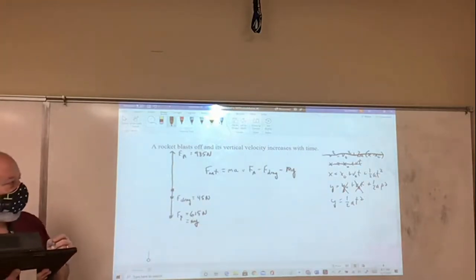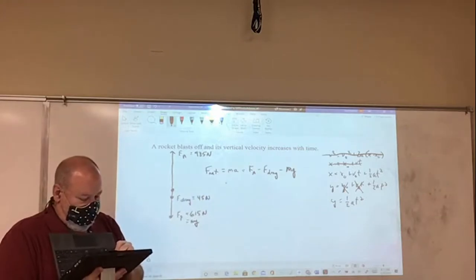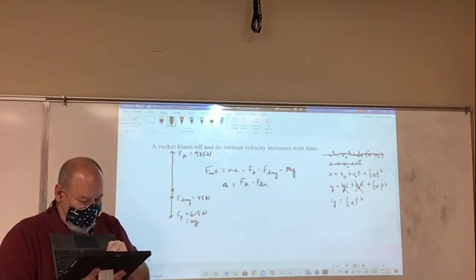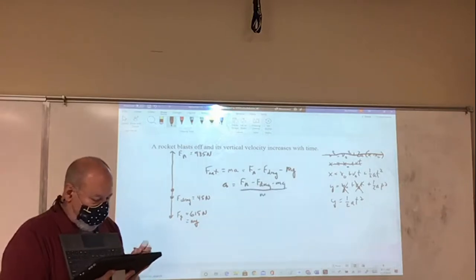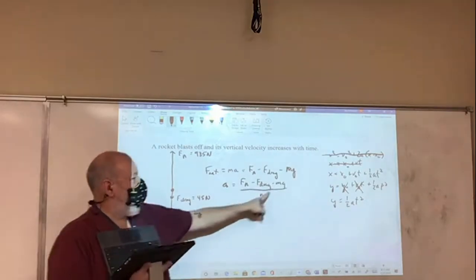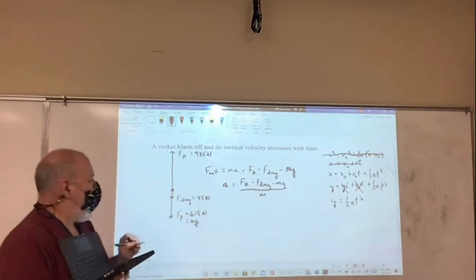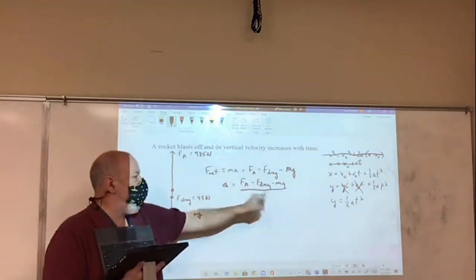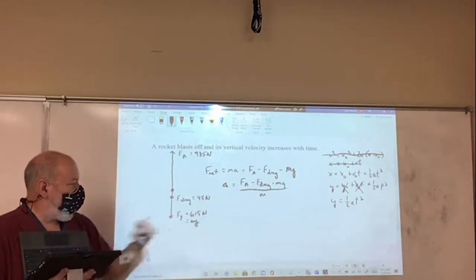So anyway, I want the acceleration. This tells me how to find it, right? I need to say a equals F_A minus F_drag minus mg all over m. Okay? Now, I realize that I have m here, but I don't have m in these two things, so I can't get rid of the m that way. I'm going to have to solve yet another problem because I don't have mass. But I know how to find mass, right?